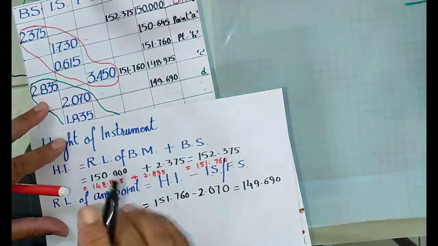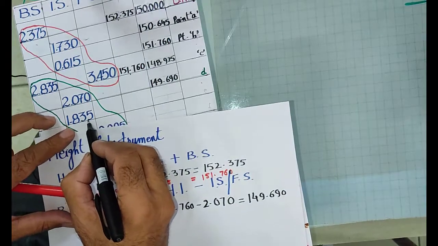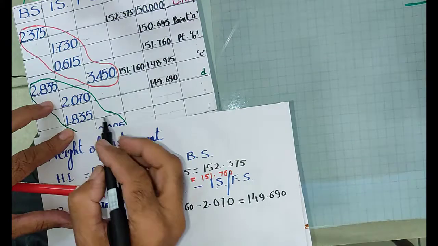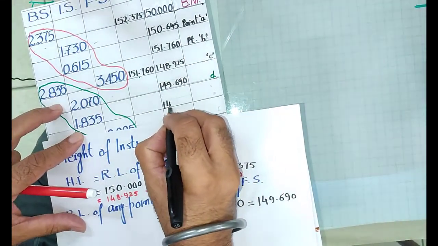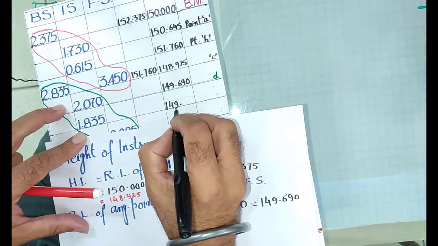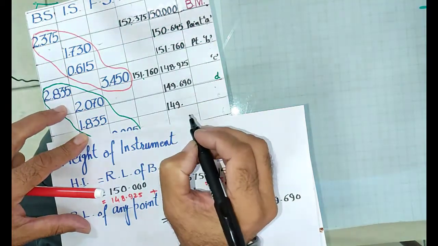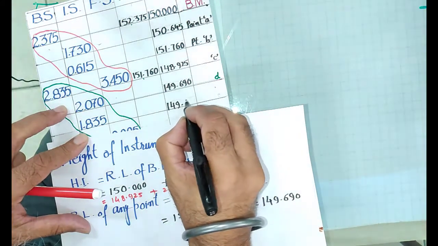Similarly, you deduct 1.835. This comes to be 149.925.